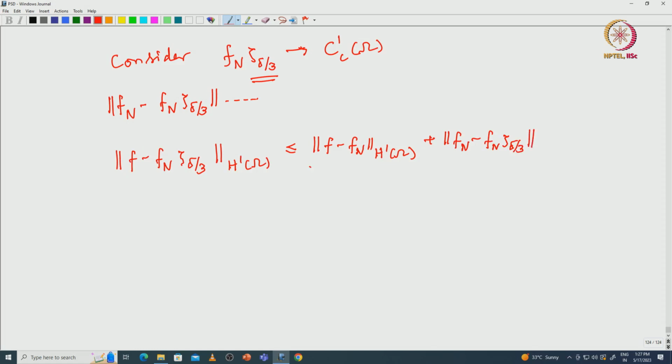So, this is already under control. This is less than epsilon, and here also you get some constant times epsilon. So, the whole thing is 1 plus c times epsilon, and that shows it. And this has compact support, so this is in C1_c of omega.